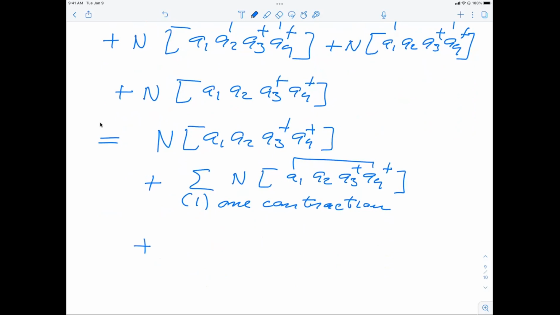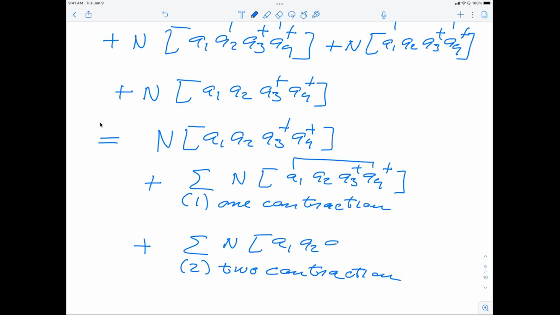And then I have a final term where I have 2 contractions. And you see why you need pairs of operators here. And I'm just indicating this with these signs here.